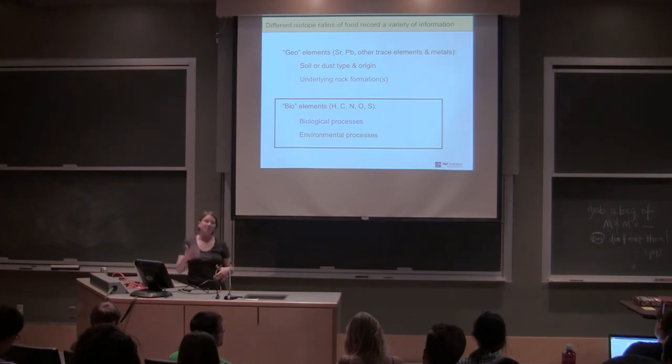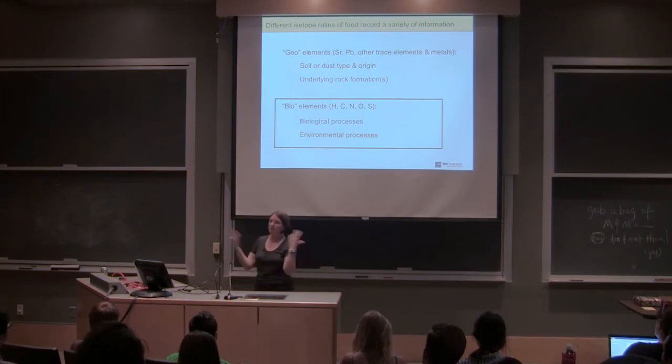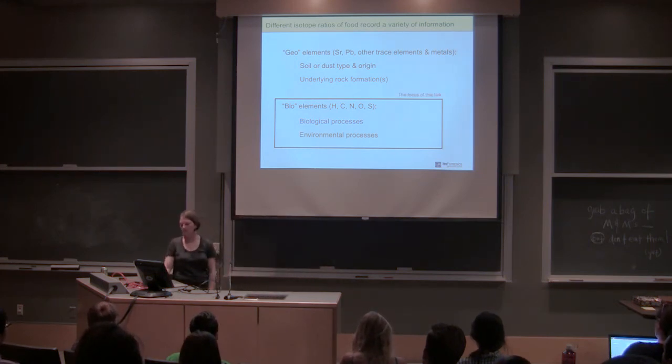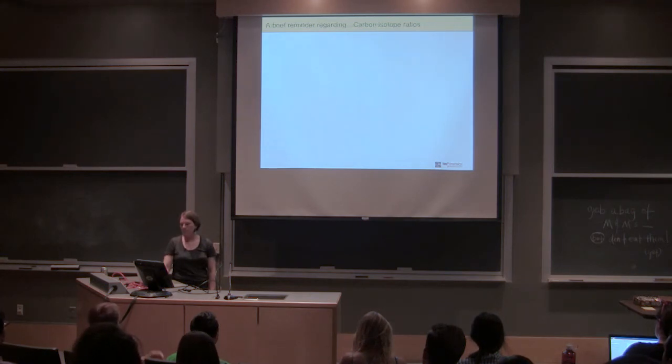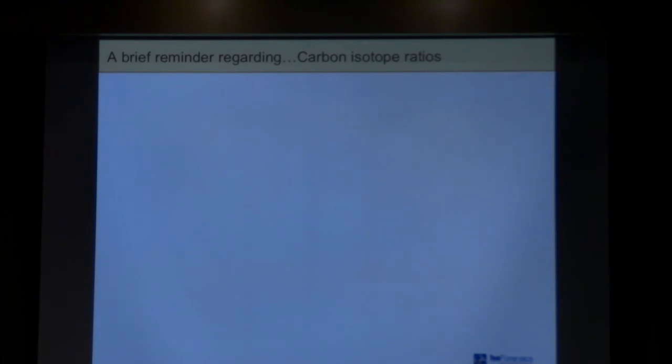You guys have been learning what causes variations in these isotope ratios in plants and animals, right? That was the whole last week and a half, biological processes, environmental processes. I just want you to have this if you keep all of these notes together, but you probably know all of this already. Why do we get variation in carbon isotope ratios?